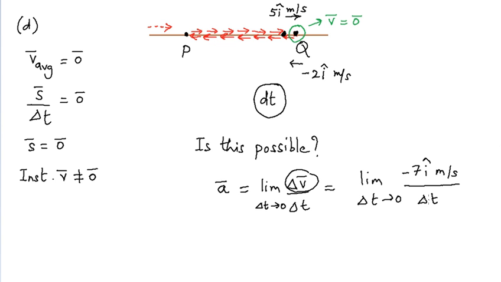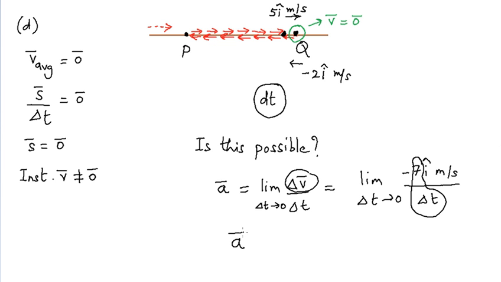Now if you allow delta t to tend to 0, what it means is delta t is so small that you cannot think of a smaller number. As this value becomes smaller and smaller, this fraction, which is 7 divided by delta t, becomes larger and larger, and as delta t approaches 0, 7 upon delta t would approach infinity. So what is the acceleration?